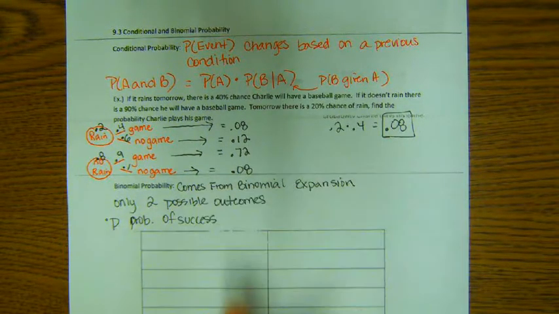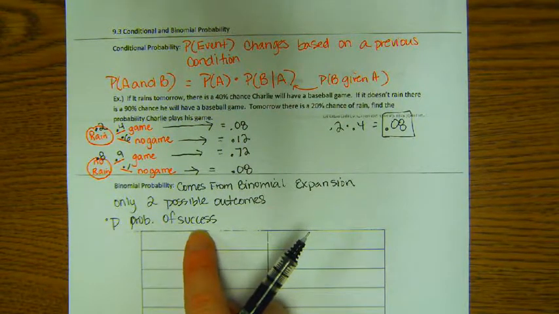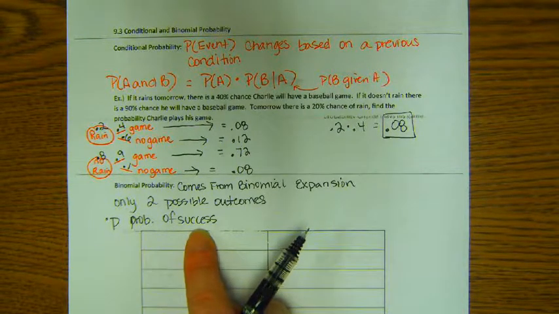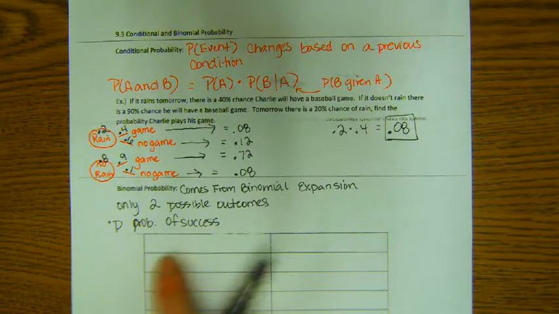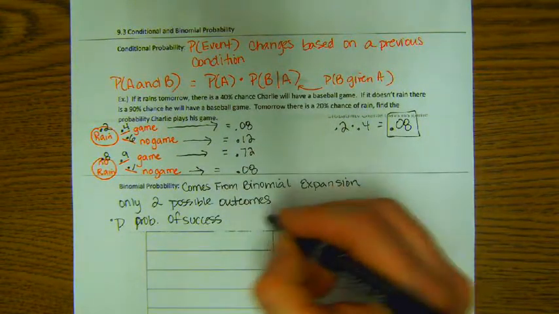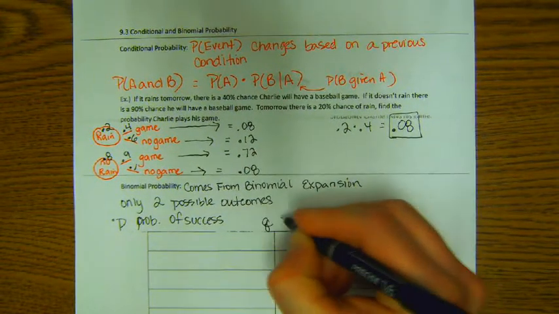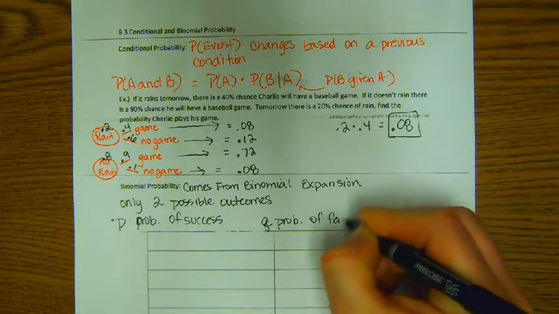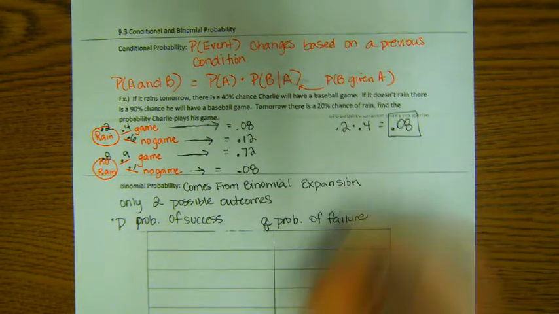Now let me talk about success. Success is just the thing you're counting. In a second, when you do your homework, you're going to see something about defective calculators. You might not consider a defective calculator a success, but it's the thing we're counting. The other thing we call Q, and that's going to be the probability of failure, or not success.